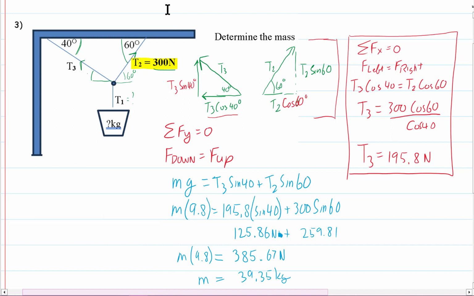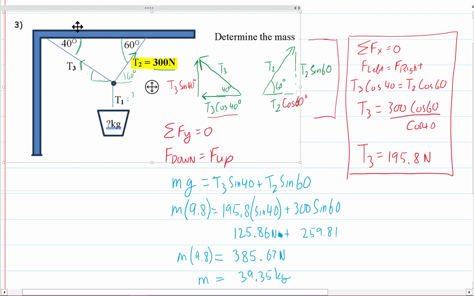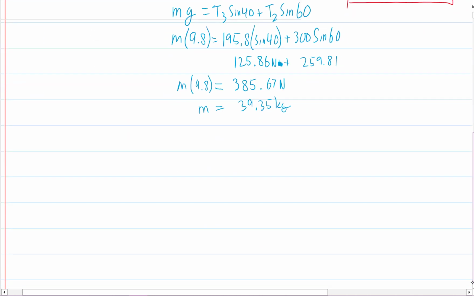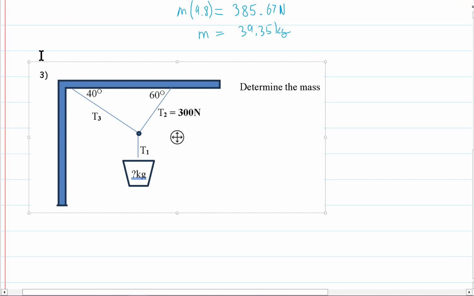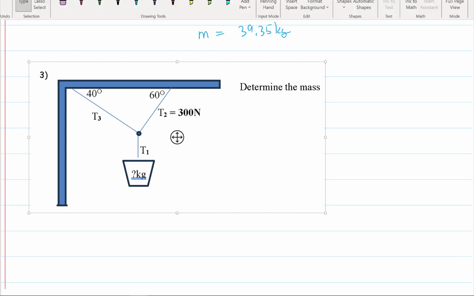Okay, the direct way of doing this will be just slightly different. Let's see how to do it. Let's copy that picture. This time we draw a free body diagram of it and then rip it apart.